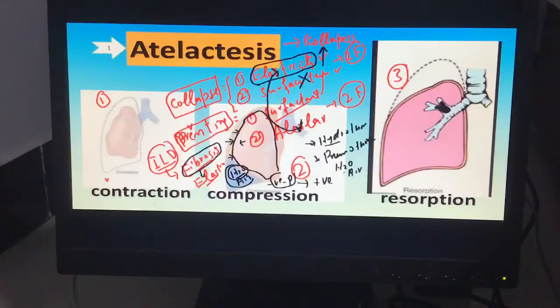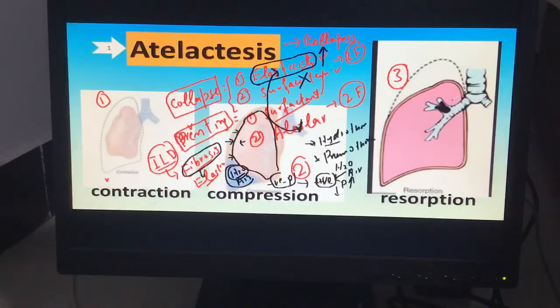This increases the pressure, and the pleural cavity pressure becomes positive and too high. This pressure compresses the lung. That's why it is known as compression collapse.